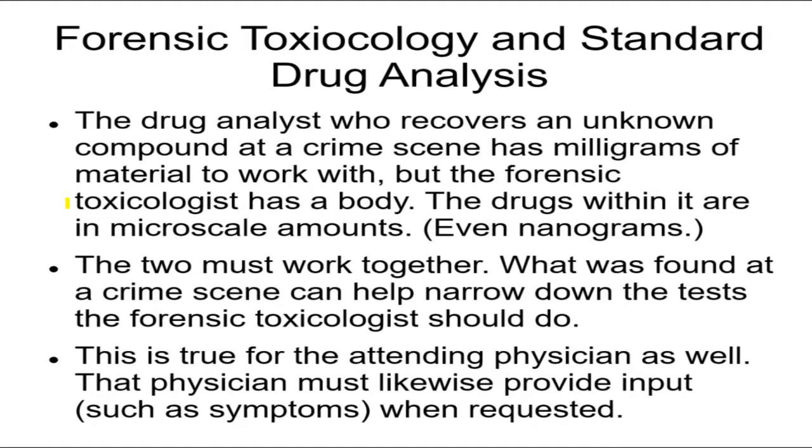So the work will be a lot easier and a lot better if the forensic toxicologist can have some kind of conversation with the drug analyst. But it's not just these two. The forensic toxicologist should work with everyone else at the crime scene. For example, they might have noticed in the crime lab there was a lot of glassware.